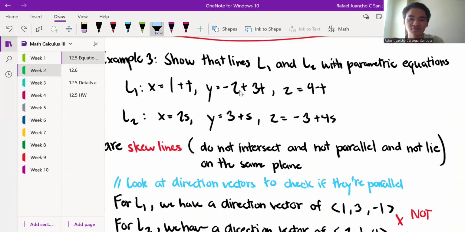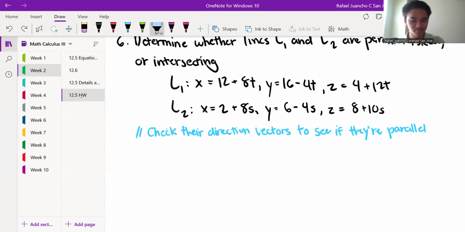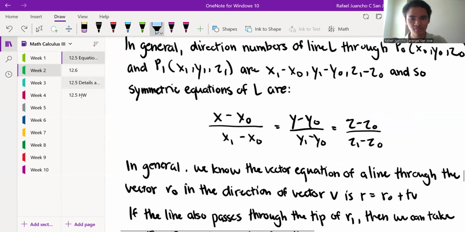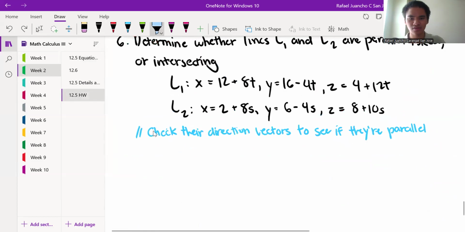And then same idea for the L2. They just did it in s. They made the parameter s just so that's different. So that's what we're going to do, right? Can I write that like how they did it, maybe? I'll just write in sentences.